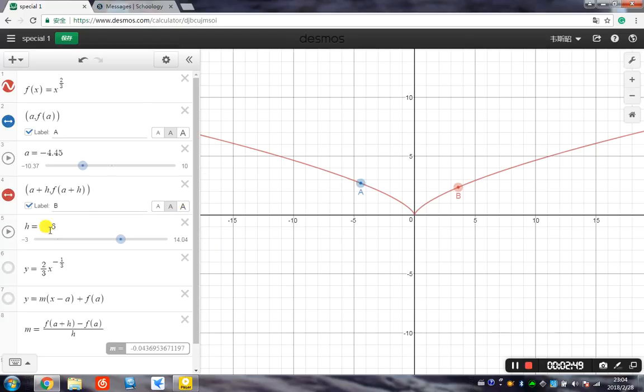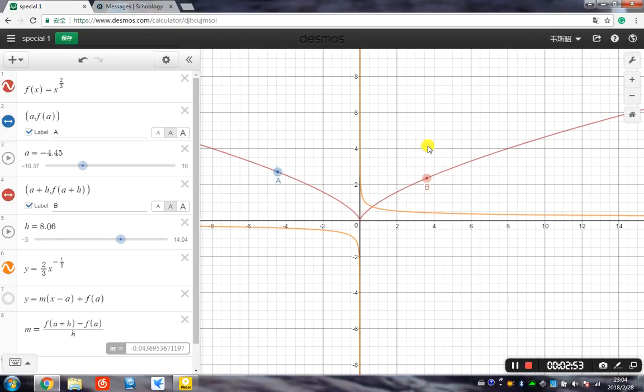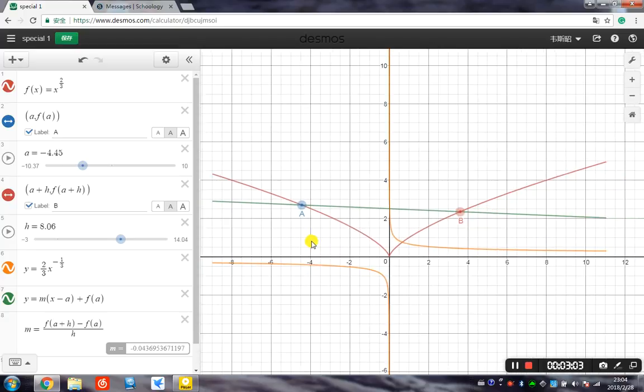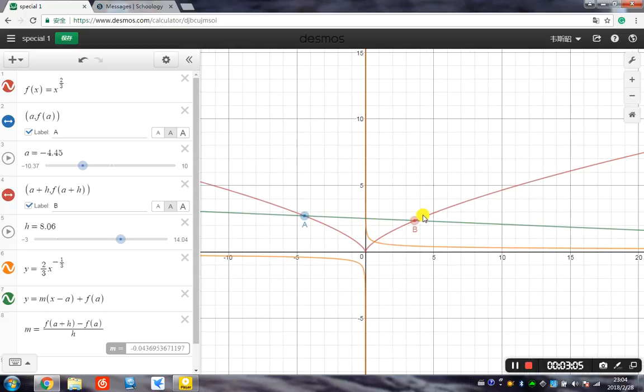Here is the tangent of this function, and the green line is the secant. It's different from the first graph.